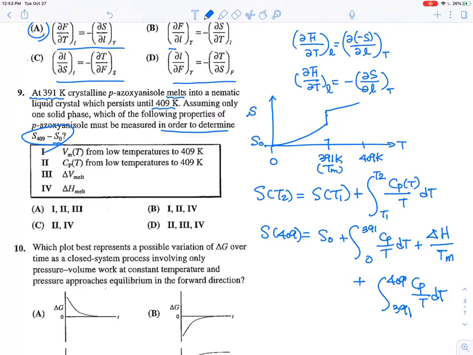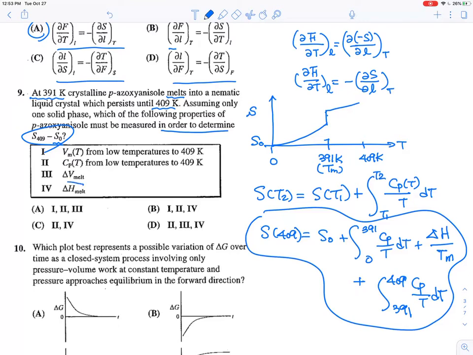Okay, so those are the ones that I think I need. So I need a delta H melt, I need a CP throughout all the temperature ranges. So 2 and 4. So that's my answer.